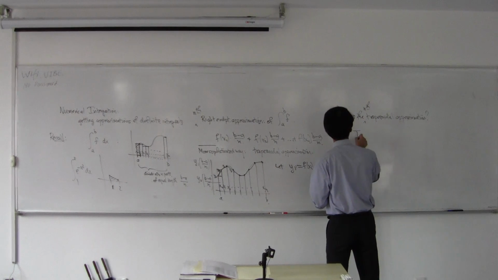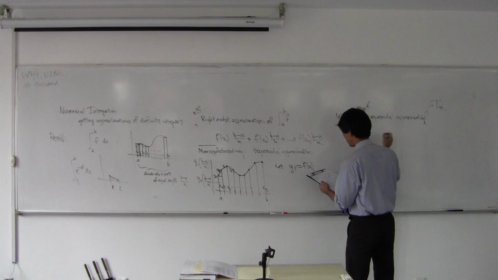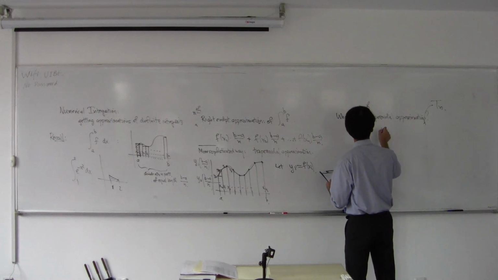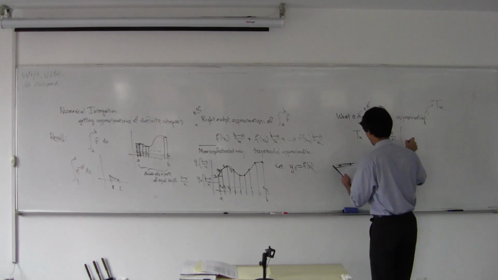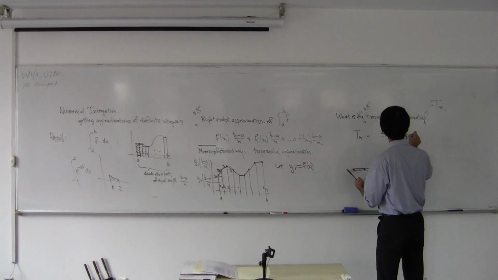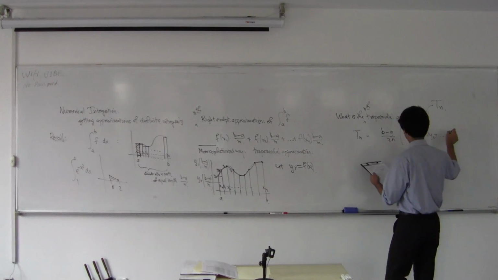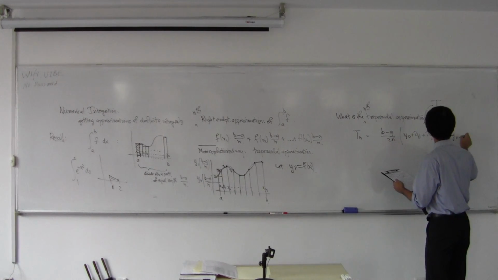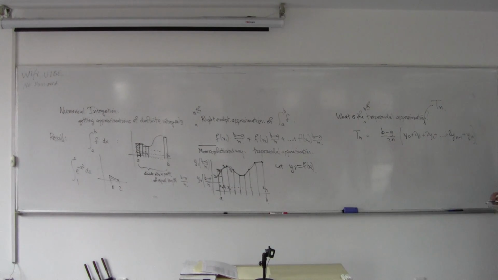So what you get when you add it all together, right? The nth approximation, which we're going to call T sub n, the nth trapezoidal approximation, is going to be b minus a over 2n times y naught plus 2y1 plus 2y2 plus ... 2y sub n minus 1 plus y sub n. Right?